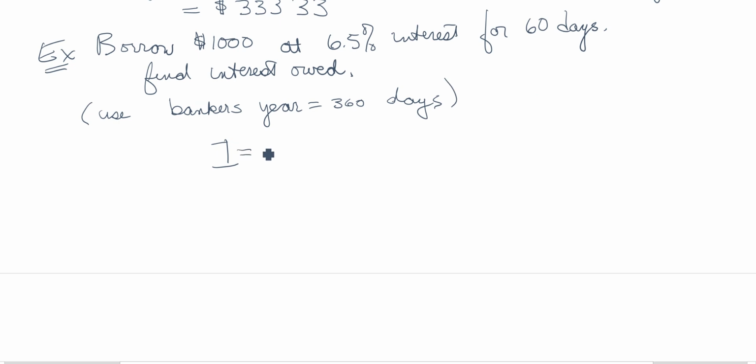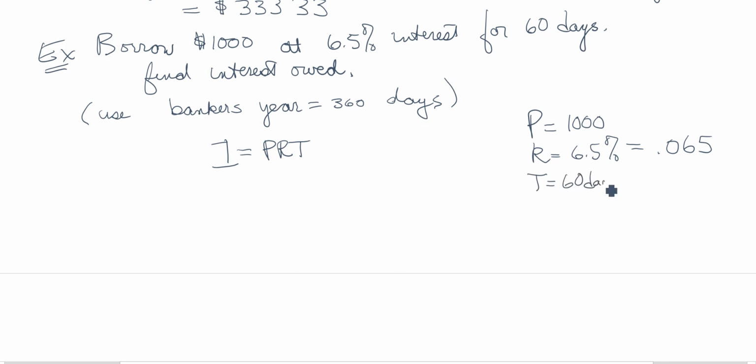If my formula is I equals PRT, P is my $1,000, R is my 6.5%, which is 0.065, T is 60 days, but again I have to change that into years.